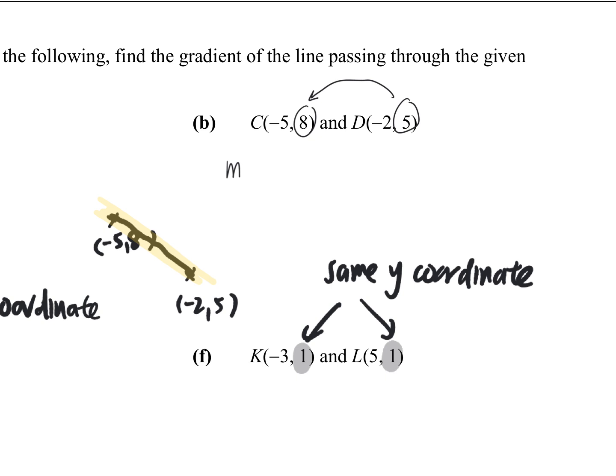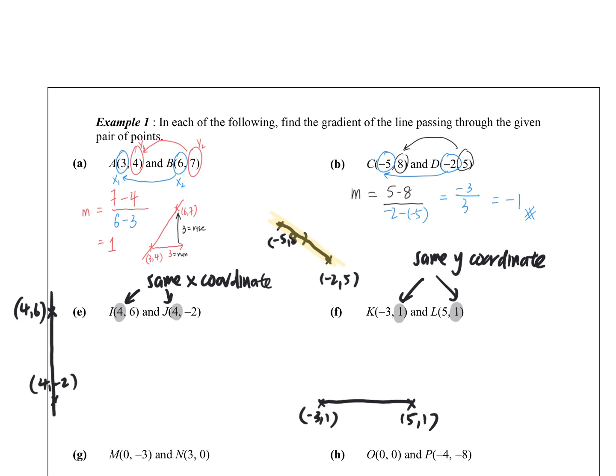You just decide the order. In this case, I use 5 minus 8, then x2 minus x1. If you press calculator, you will get negative 3 divided by 3. So you get gradient minus 1. If you got it right, put a tick.